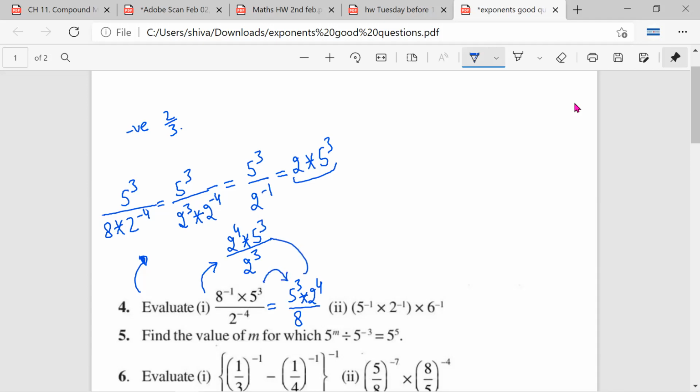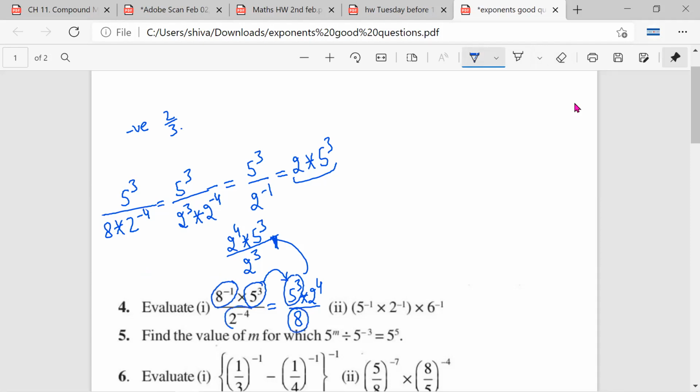Now what I'm trying to tell you for the last half an hour or so is that as long as you are not breaking any rule of exponents, things are absolutely fine. So I'm not comfortable with negative numbers. That is why I have reduced all the numbers to positive powers. 5 cube, this 8 raised to power minus 1, I made it 1 upon 8.